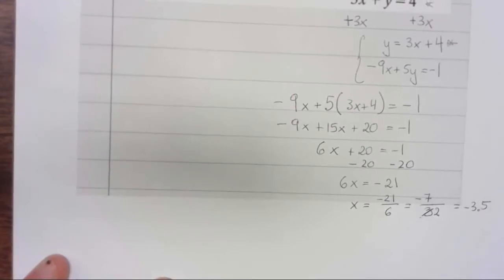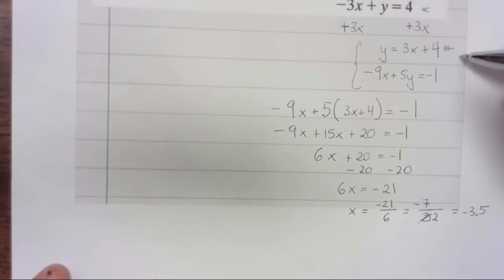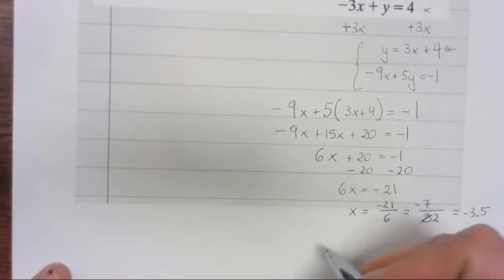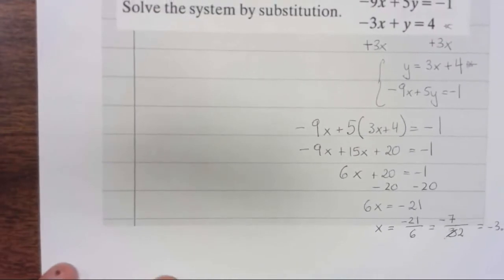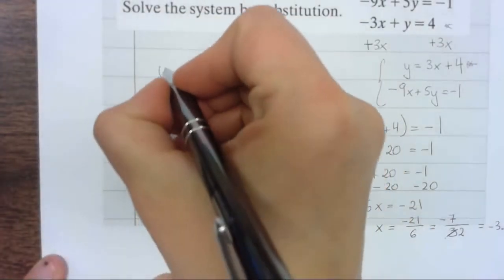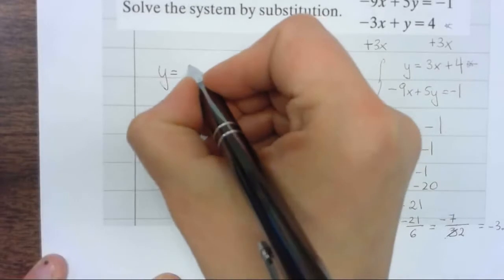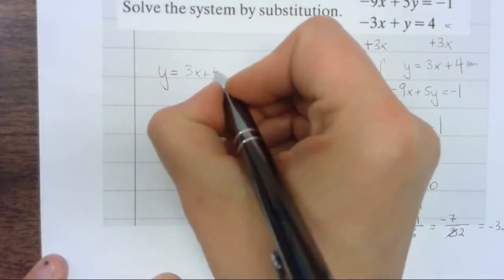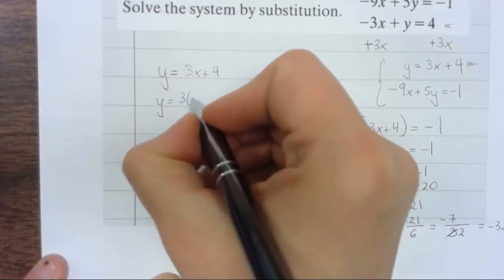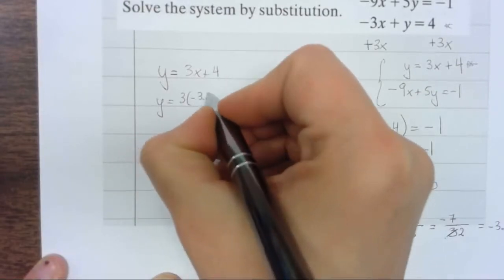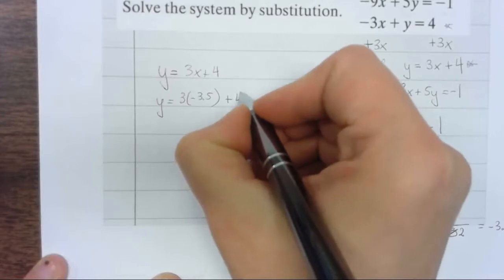So now, what is my y? I can go to this one right here and put it back. Okay, so y. I'm going to move it to the side so you can see both, hopefully. So when I rearrange it, I have y equals 3x plus 4. If I plug it in, y equals 3 times negative 3.5 plus 4.